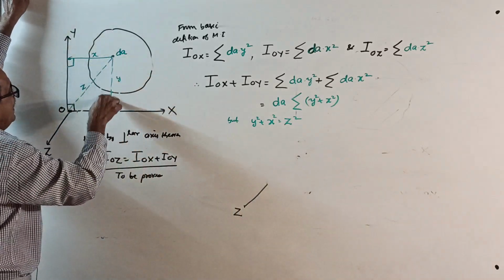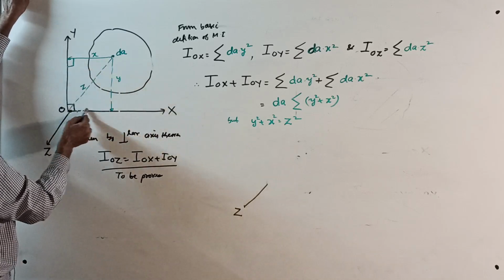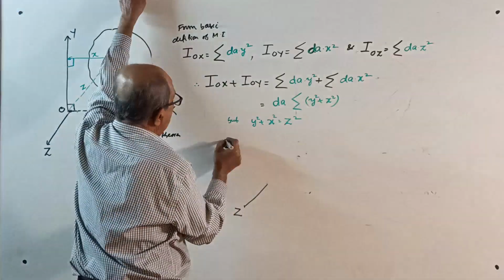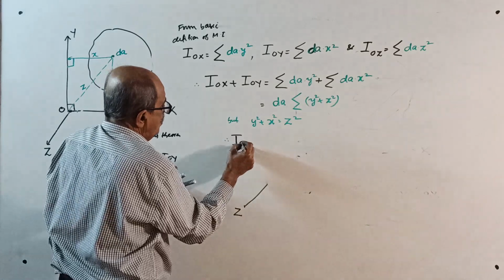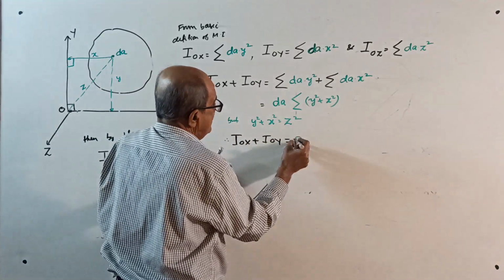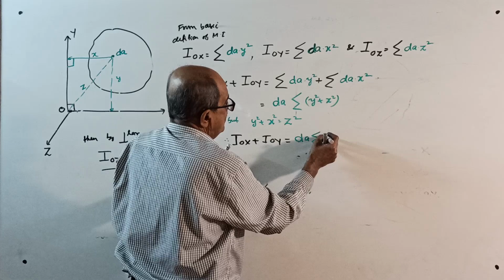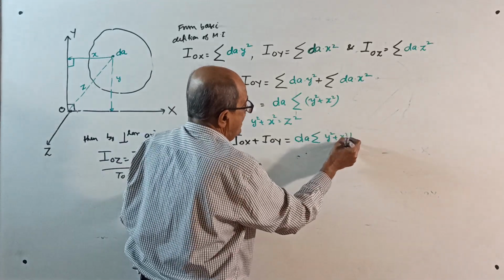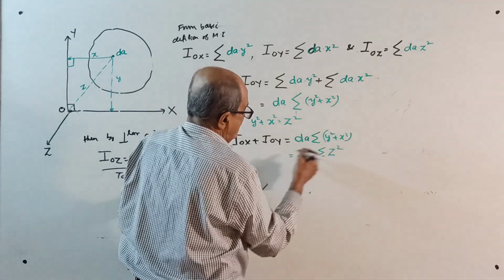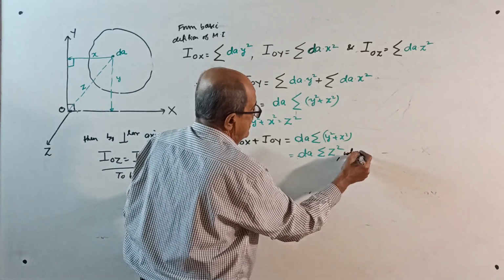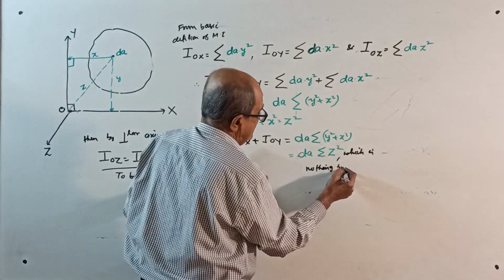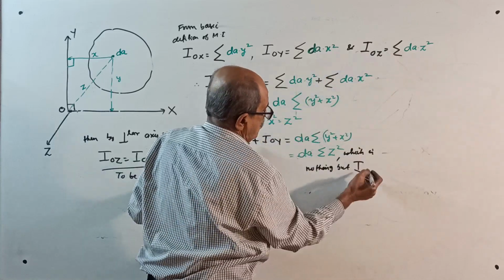Therefore, I about OX plus I about OY equals sigma of dA into z square, which is nothing but I about OZ.